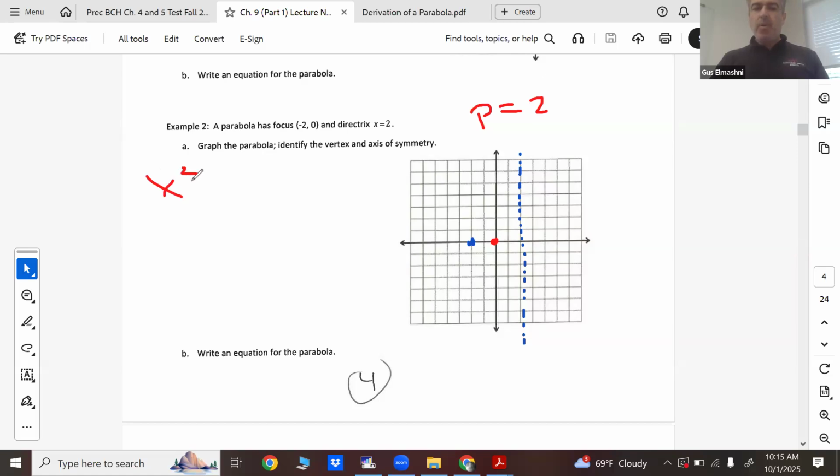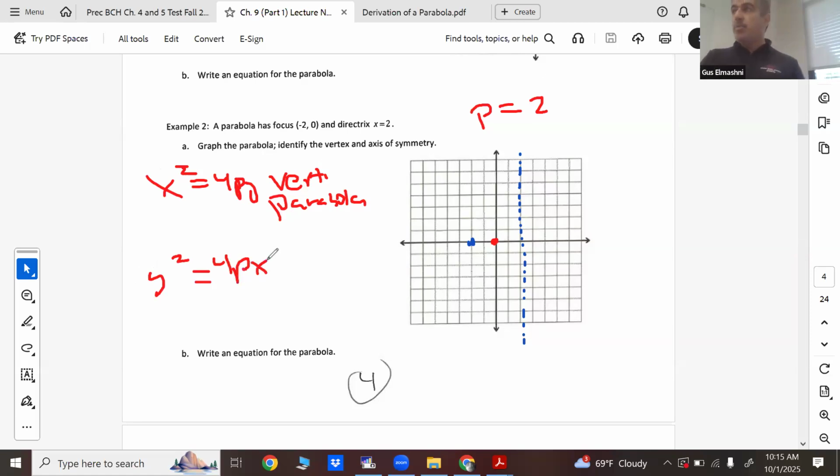So x squared equals 4py is for a vertical parabola, because we saw that earlier. So we want to take a stab at what would happen for a horizontal parabola. Yeah, it's the inverse, as it should be, because it's a reflection about y equals x.